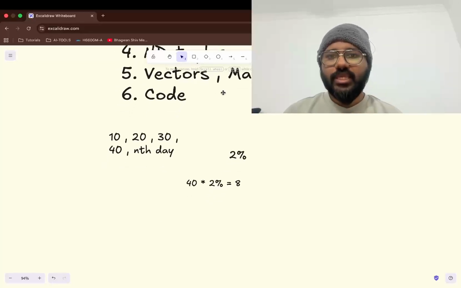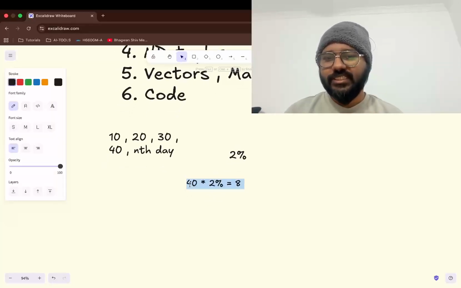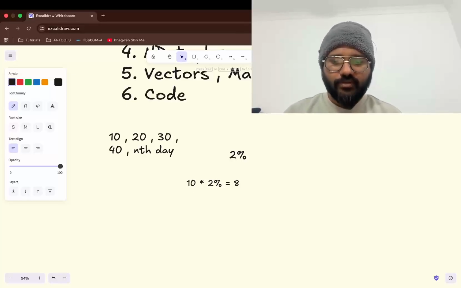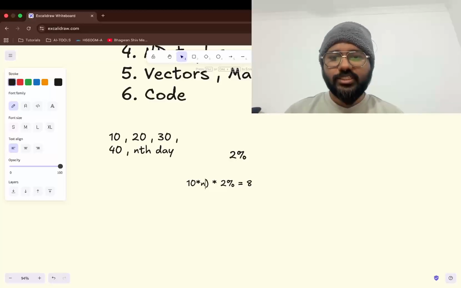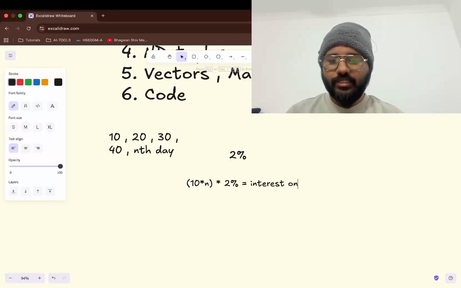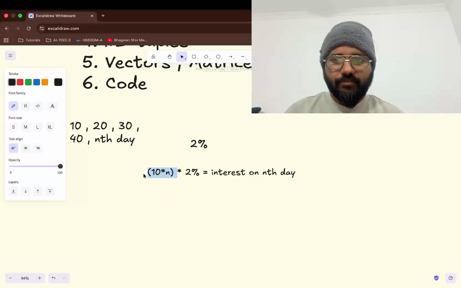So we represent these things as a variable. And this variable can be something like 10 into n, right? So this is a variable which talks about how much interest he will have on the nth day. So this is basically a placeholder.